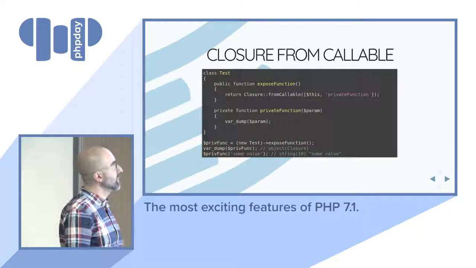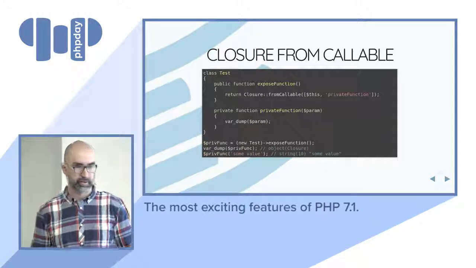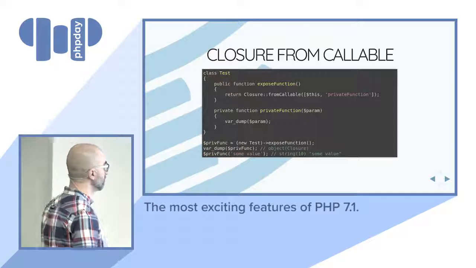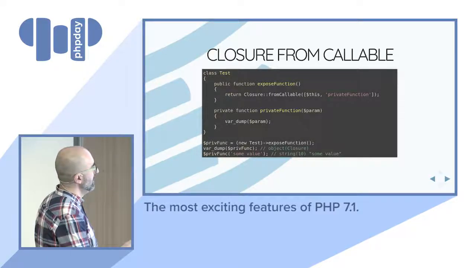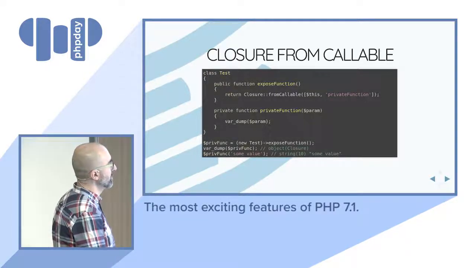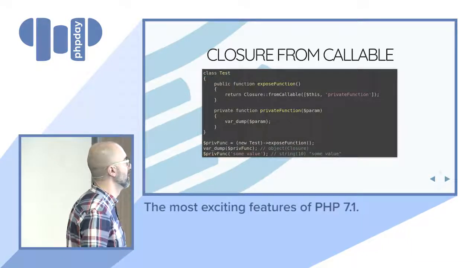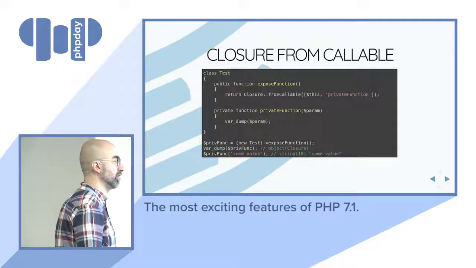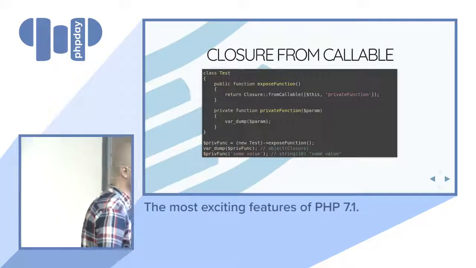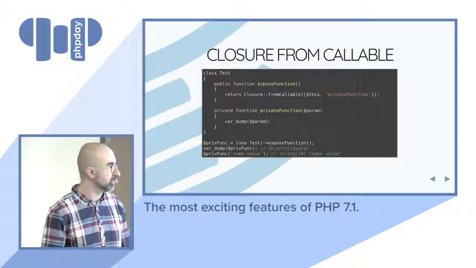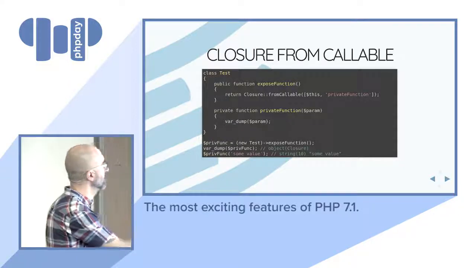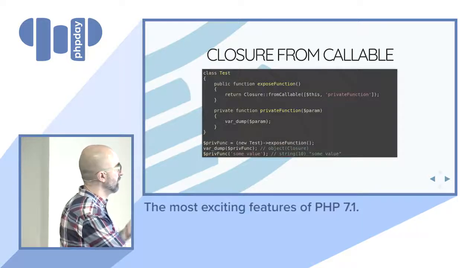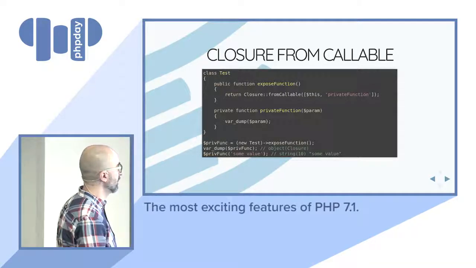Another exciting feature is Closure::fromCallable. This is very nice. Basically, you have a new function, fromCallable, in the Closure class, and you can create a closure starting from a callable. Imagine you have a callable. Here we have a class, an example, with a private function. It's just a var_dump of the input parameter.